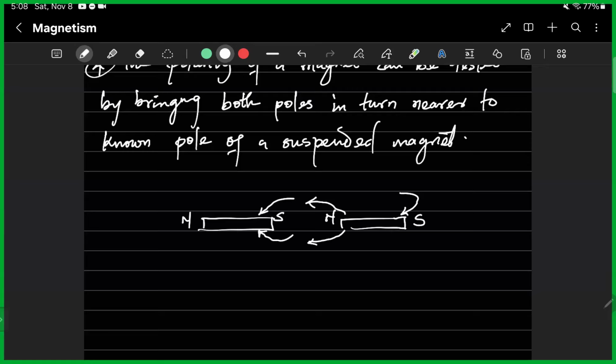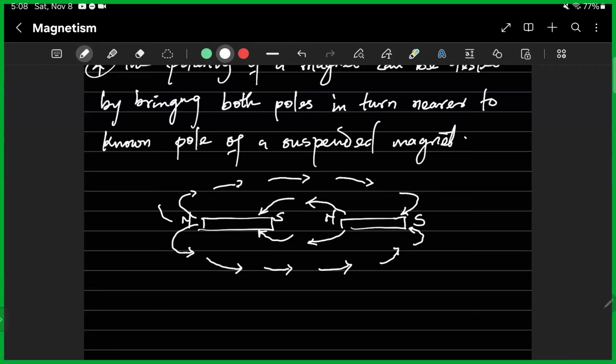Stuff keeps coming out of the North Pole and going to the South Pole to enter. Same here.